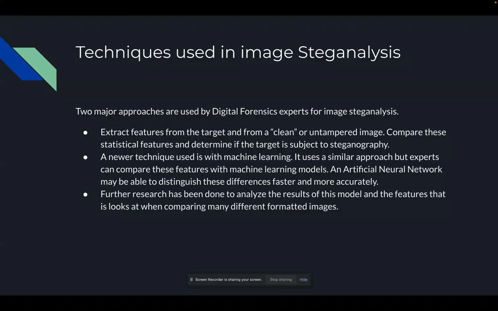We can train these models on various different steganography techniques, and train them to discover and distinguish differences, and these usually are much more accurate and much faster. Further research has been done to analyze the results of this model and the features, when comparing many different formatted images.